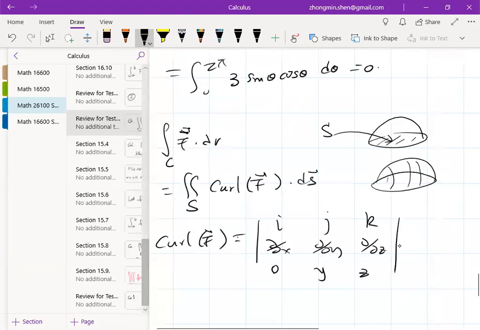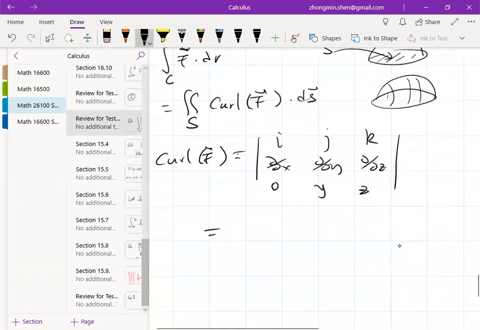Okay. And then let's look at the curl of the vector field. i is going to be 0, i minus, it's again 0, j. So the curl is going to be 0.